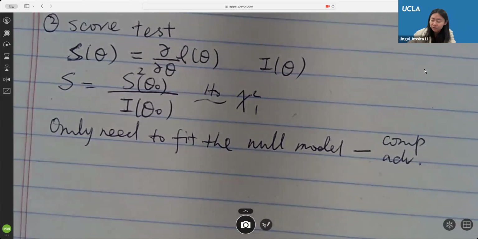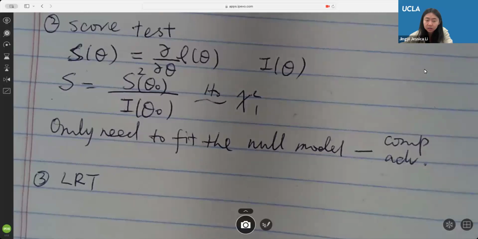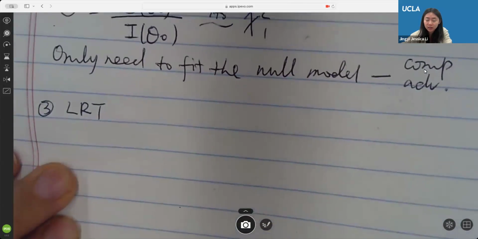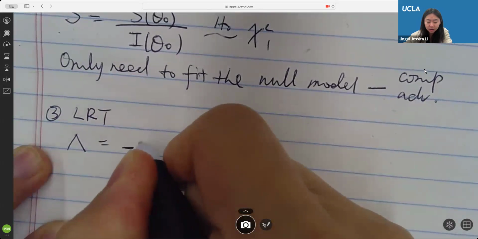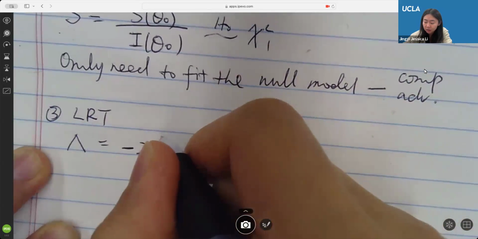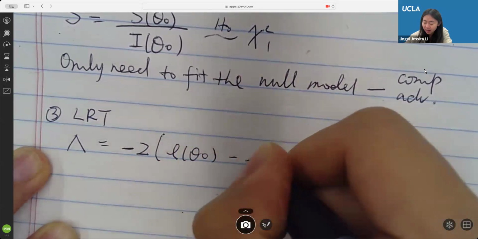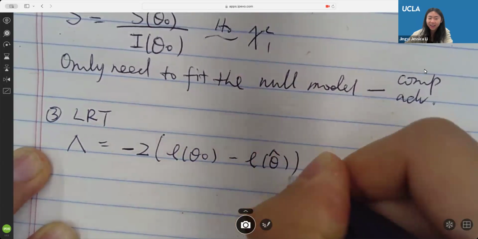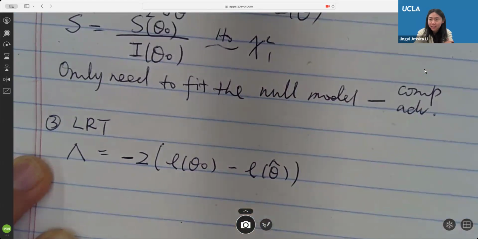Okay. Finally, the likelihood ratio test. The likelihood ratio test statistic is often called big Gamma, and is defined as 2 times the log likelihood at theta 0 minus the log likelihood at theta hat. It is the difference of 2 log likelihoods, one evaluated at the null value, the other evaluated at the MLE.